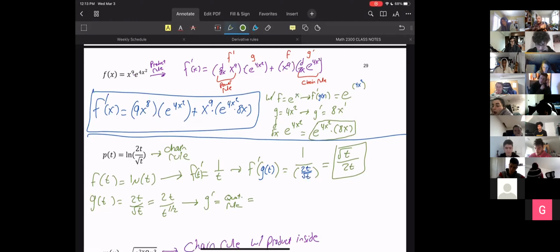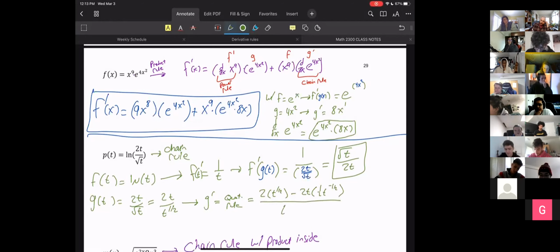So the quotient rule would be f prime g minus f g prime, take down the power, subtract 1 off the power, all over g squared. So the quotient rule is a bunch of power rules, and then that can simplify down to something nice. I'm not necessarily needing it, but in this case, it actually turns into something that's not too bad.